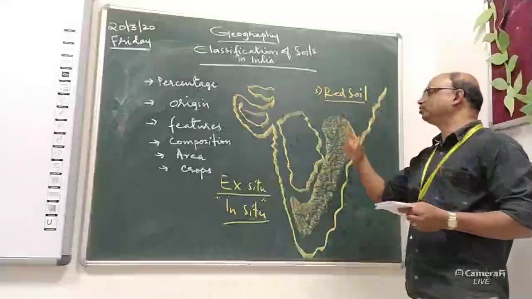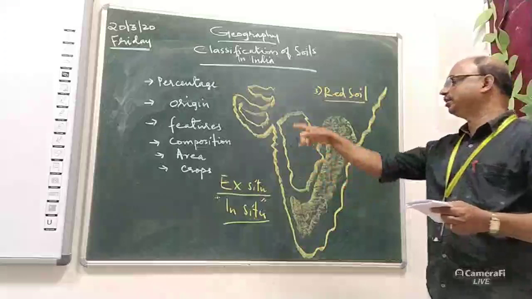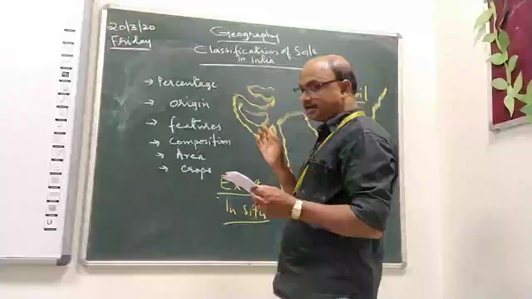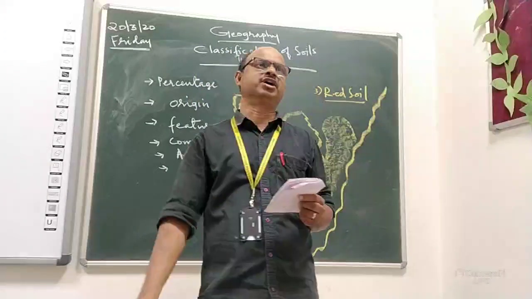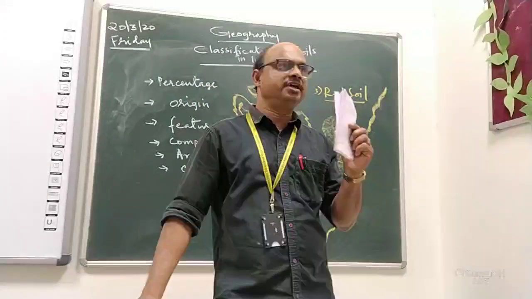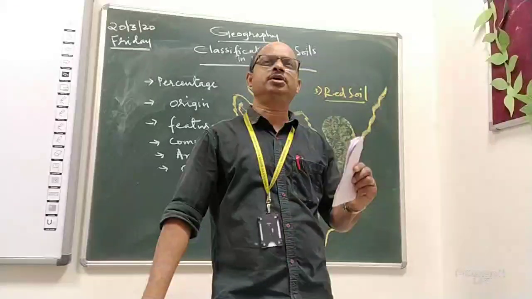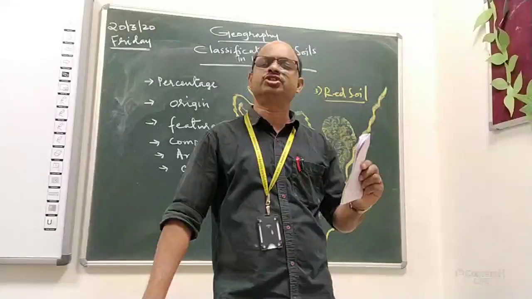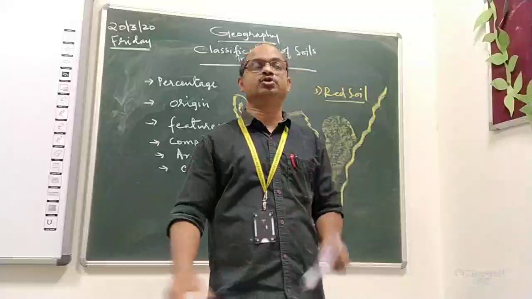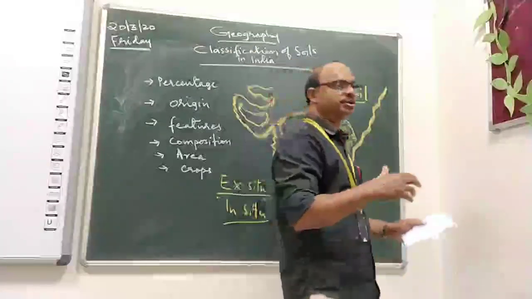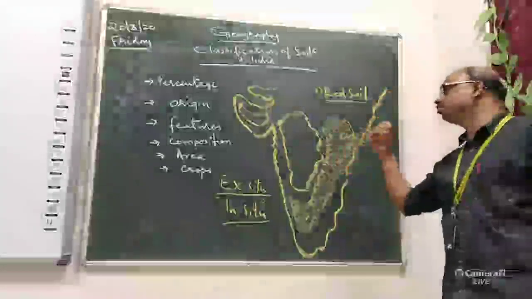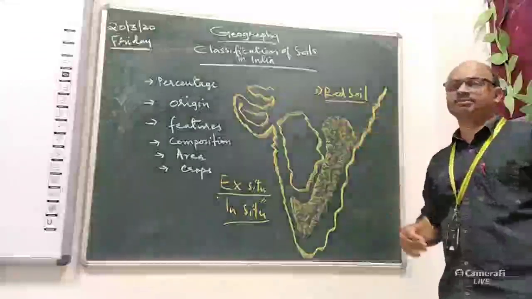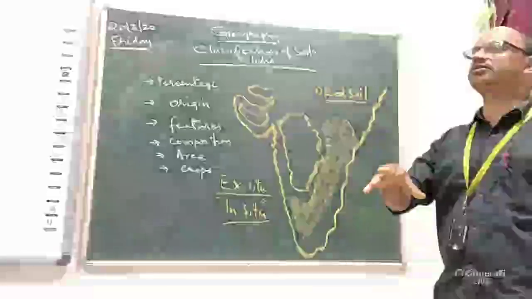Now the red soil composition. Here they are rich in potash. That is an important point. In the mineral composition, it is very rich in potash. So if you want to cultivate many crops in red soil, what do we have to do? We have to add so much fertilizer, maybe chemical fertilizer or organic fertilizer.